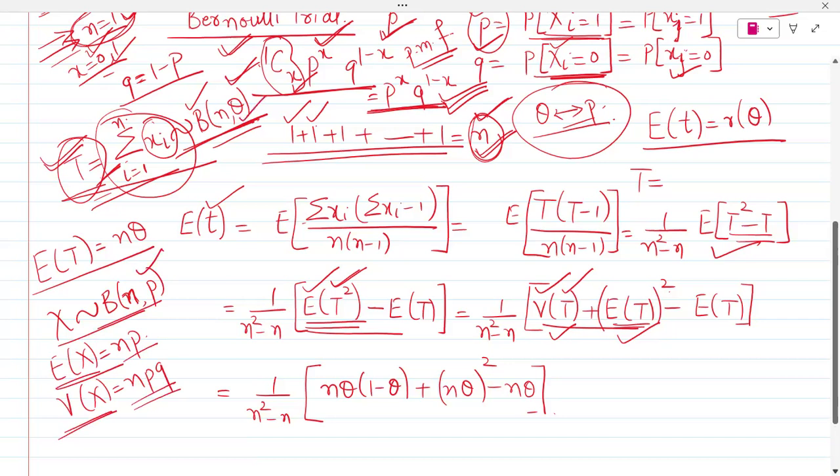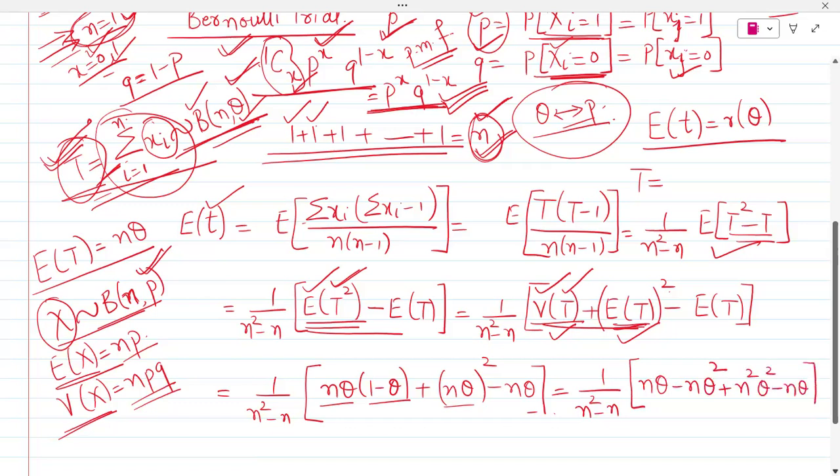So now instead of p, what do we have? Theta. Instead of p, we have theta. And instead of X, we have T. So the variance of T is n theta (1 minus theta), and this thing is nothing but this. And now this is n square minus n, and here it is n theta minus n theta square plus n square theta square minus n theta.